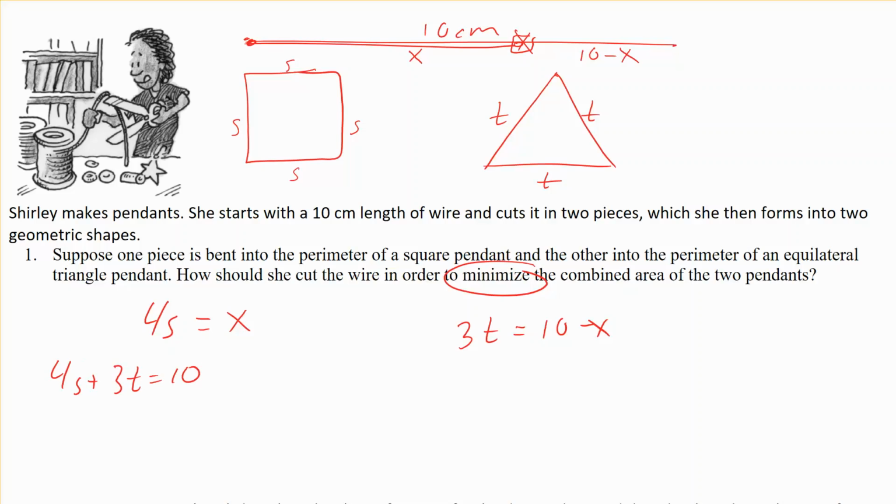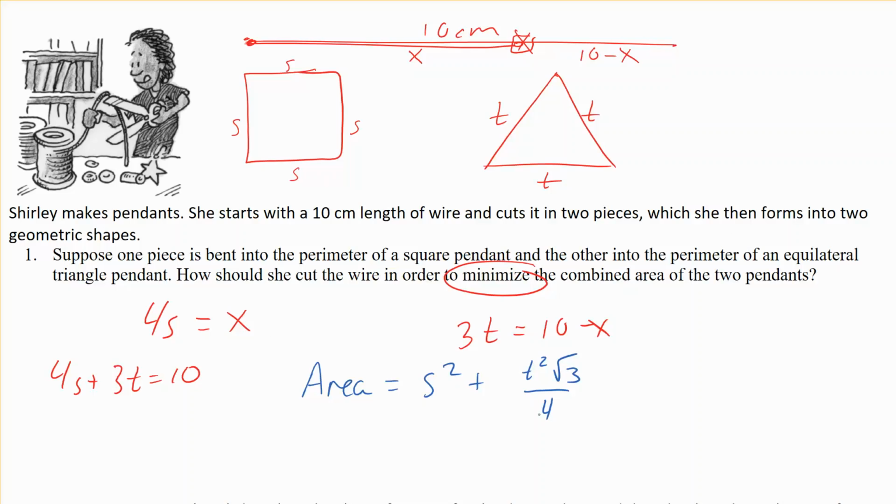Now we want to minimize the combined area, so we need to come up with an area equation. That's probably going to be our optimization one. Area equals, area of a square is s squared. The area of an equilateral triangle, we can show that proof, but the area of an equilateral triangle is side squared times root 3 over 4.